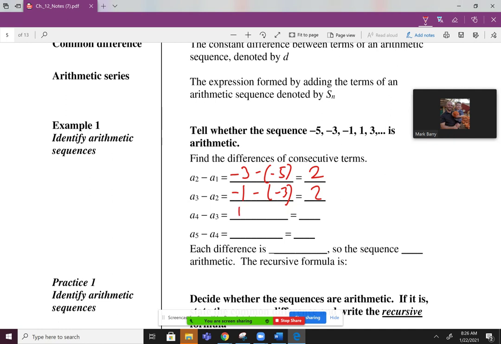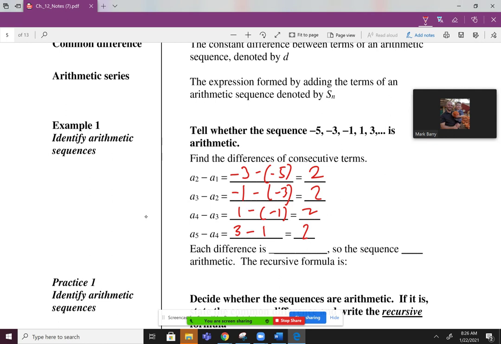Now we have a4 minus a3. So 1 minus -1, and it's also 2. We just have to get one more here. So 3 minus 1. Yes, it is 2.